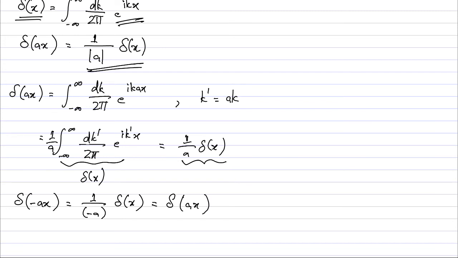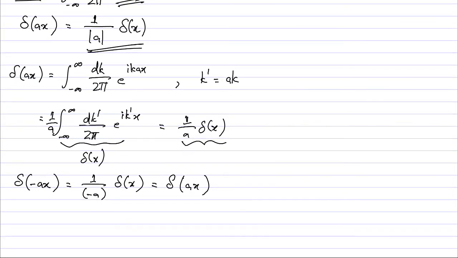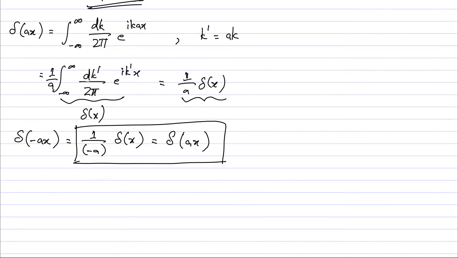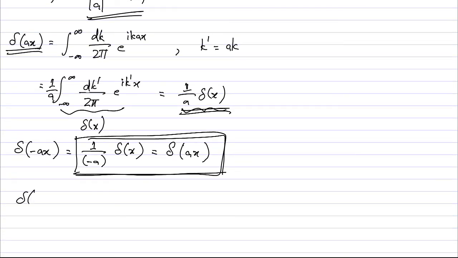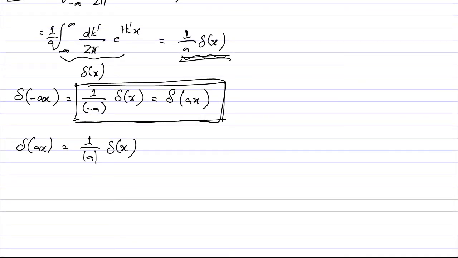So looking at this, where minus a is positive, a itself being negative, you can combine this with the case where a is positive to write the whole thing as a single equation which captures both cases, a being positive and a being negative. This is simply delta of ax equals 1 over mod a times delta of x.